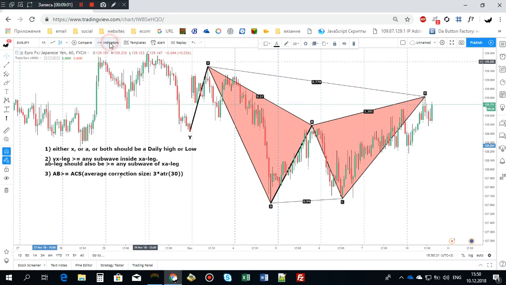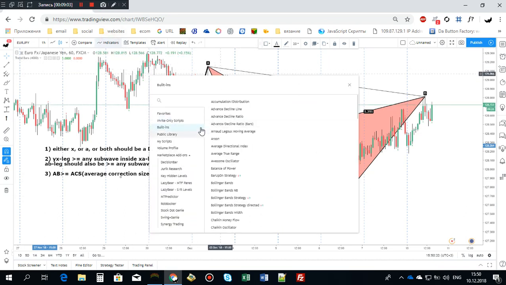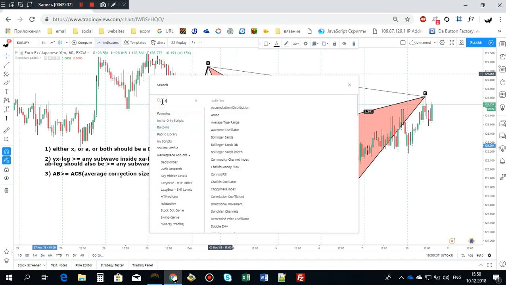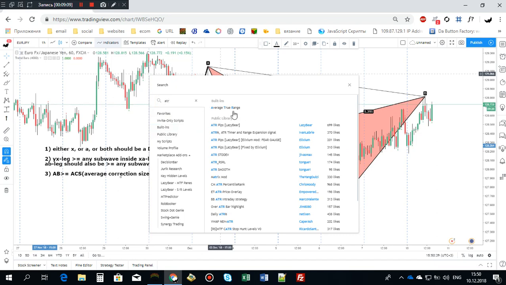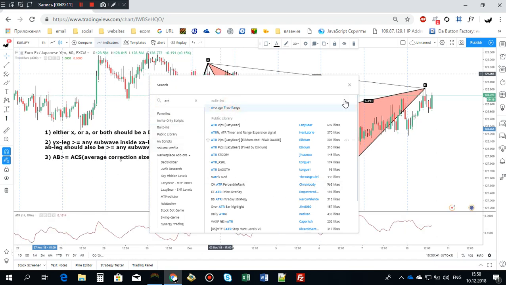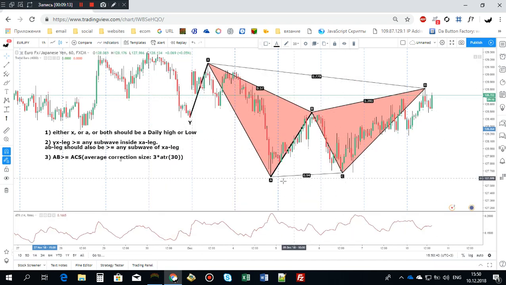Open your indicators, find ATR, average true range, yes. Then here at the B point, it will be very good. You look at your ATR, it says 1724.